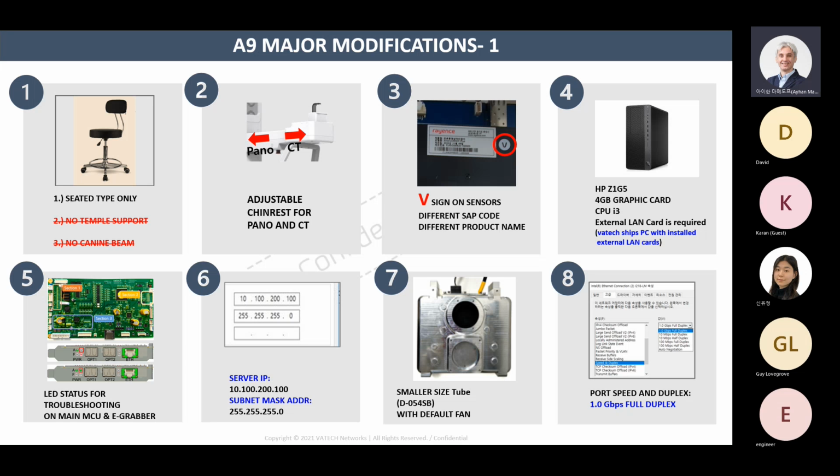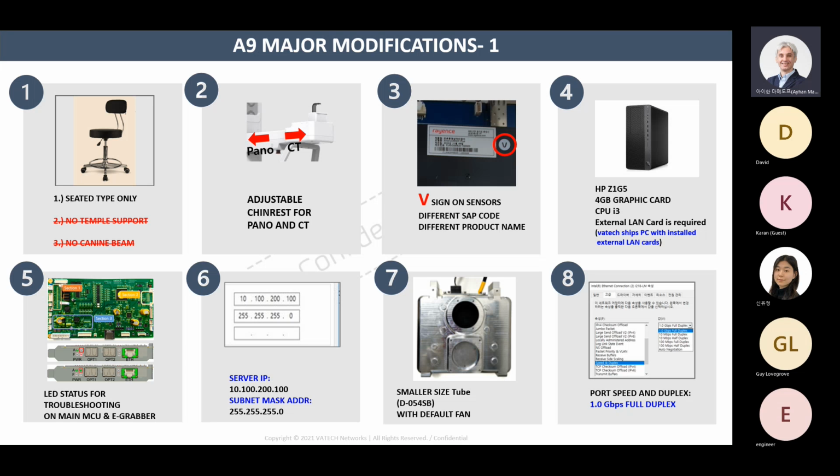The 7th modification is that the tube size is smaller now. So if it's smaller, then it will most probably get hot quite soon. So in order to prevent it, we added the default fan.